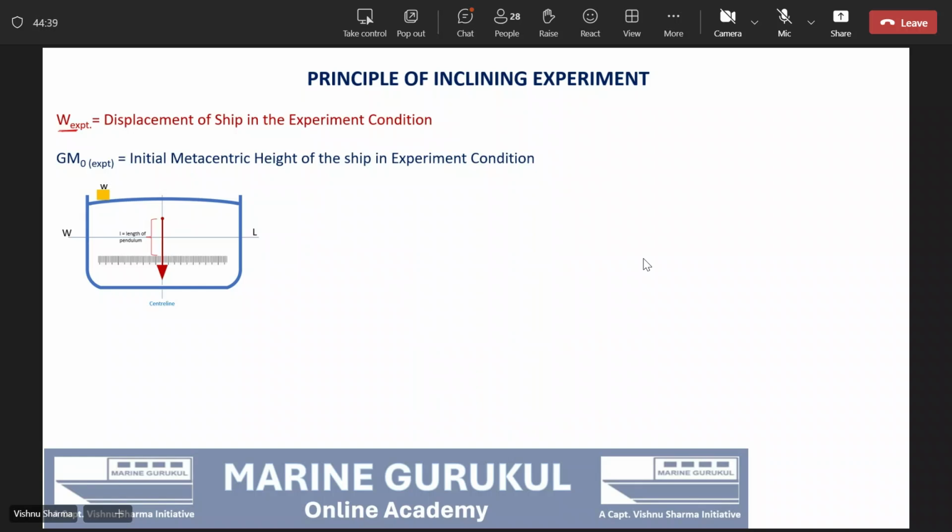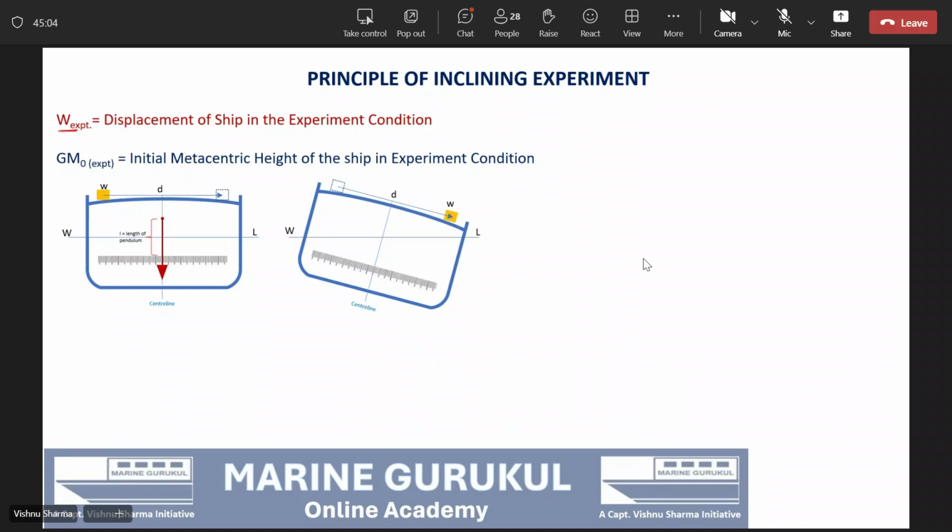Now, guys, if you shift this weight through the distance d, what will happen? The ship will list like this, yes or no? We use the word incline. Will the ship incline like this? Correct. What will happen to the graduated batten? It was fixed on the bulkhead, so the graduated batten will also incline like this.